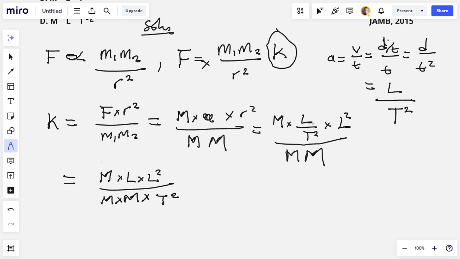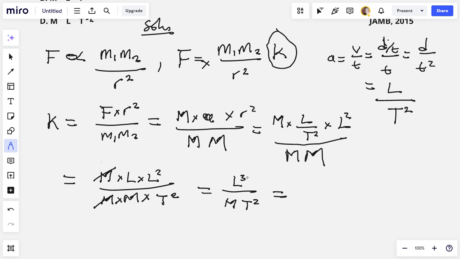This T on the bottom, according to how we process fractions, in which I have tutorials on operations on fractions, will come down and join this one here. Now this M will cancel one of the Ms. What is left is L times L squared, which is L raised to the power of 3, divided by M times T squared.